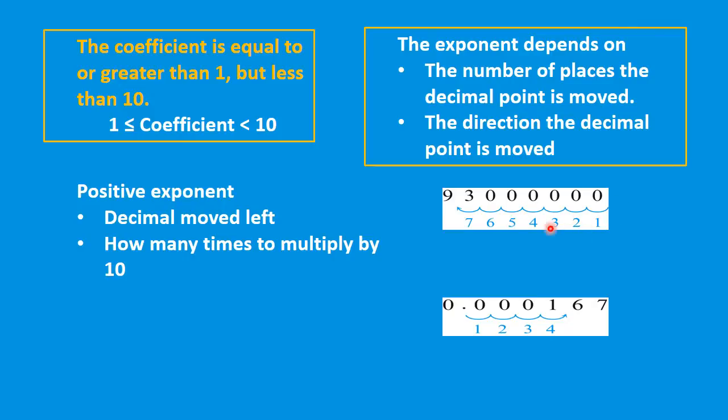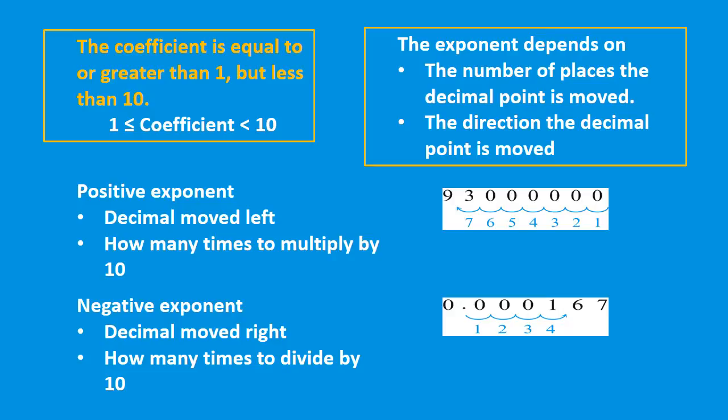So we should get a positive exponent here because the decimal was moved to the left, and that tells us how many times to multiply by 10. Each time we move the decimal to the left, it means we have to multiply by 10. Now if we have a negative exponent, that means the decimal was moved to the right, as we've done here. We moved it 2, 3, 4 places to the right. And that tells us how many times we need to divide by 10.